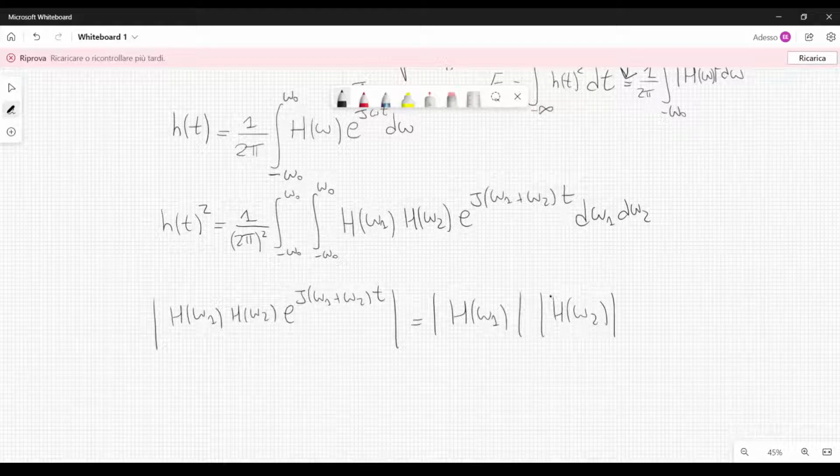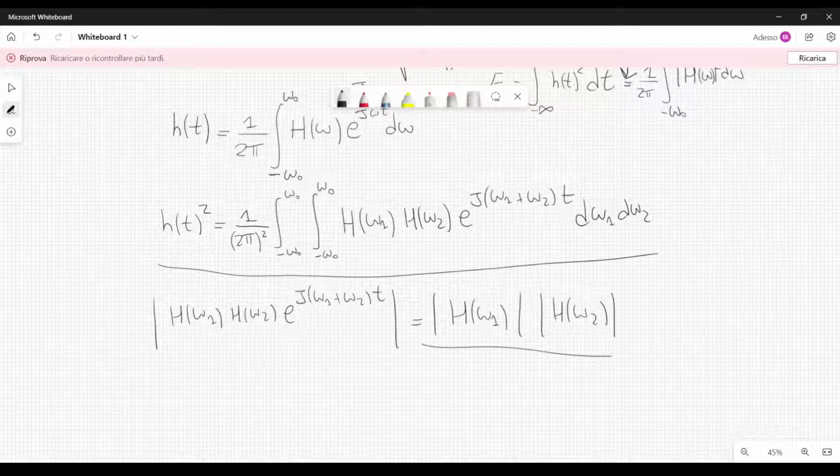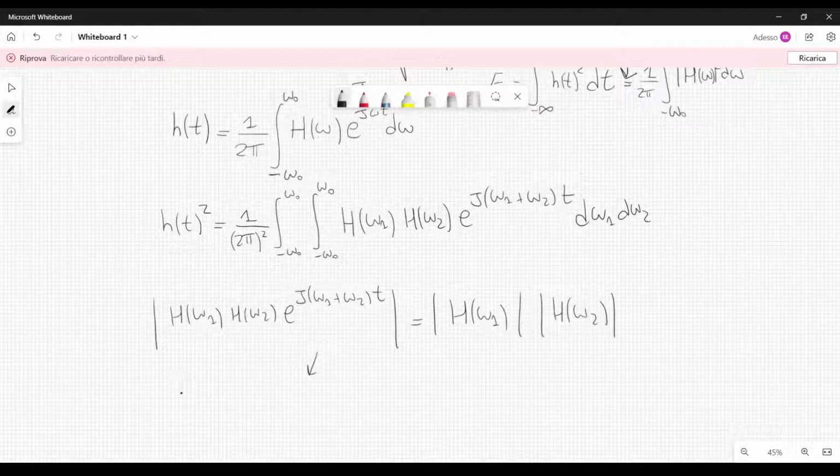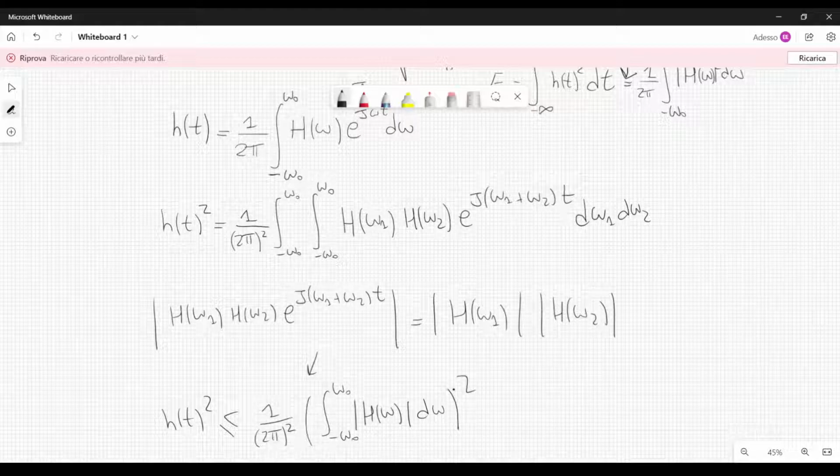And from this expression and also this one, it's easy to see that |h(t)| squared will be less than or equal to 1 over (2 pi) squared, and then here we will have the integral from minus omega naught to omega naught of the modulus of h of omega d omega, squared.